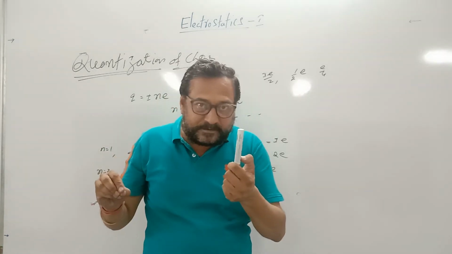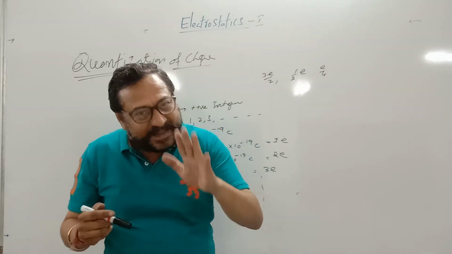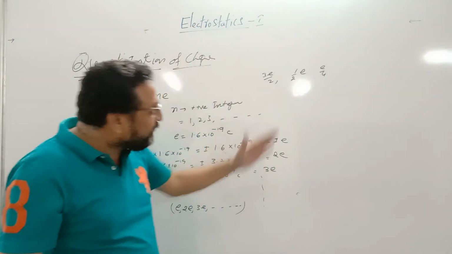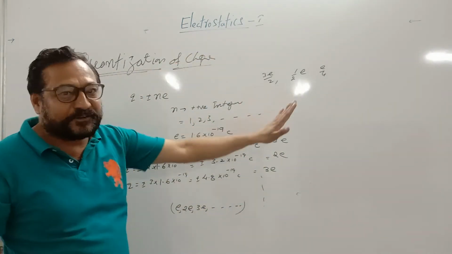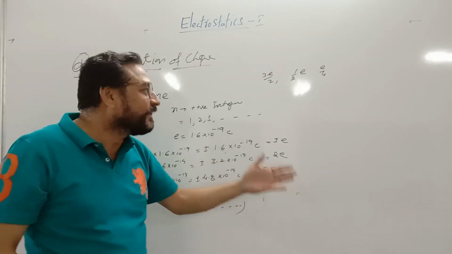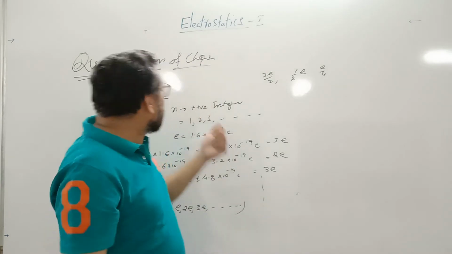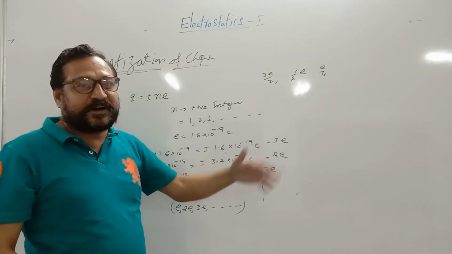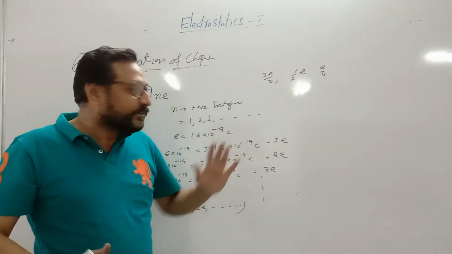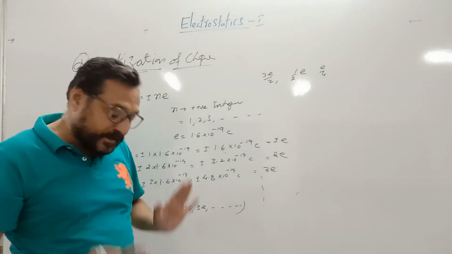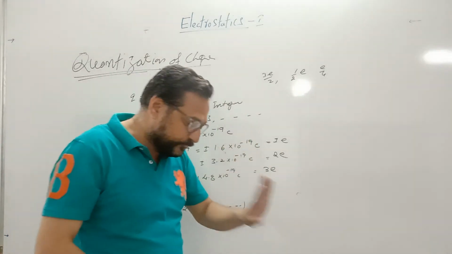Is it possible? Never. The same is quantization. Same as the charge, full electrons are shifted from one body to another, a full number of electrons, a positive integer. It means 1, 2, 3, 4 and so on. That is called quantization, and that simple concept is finished.